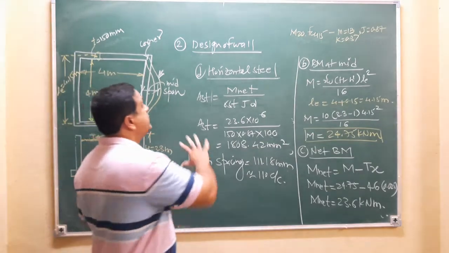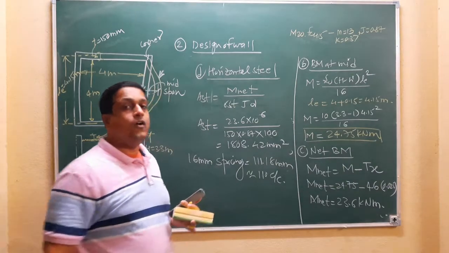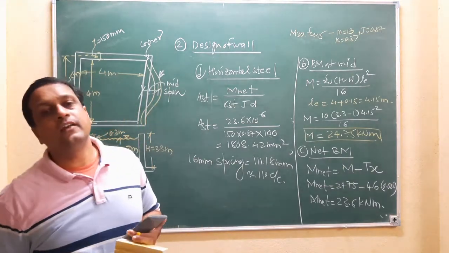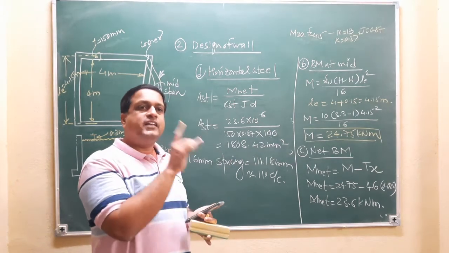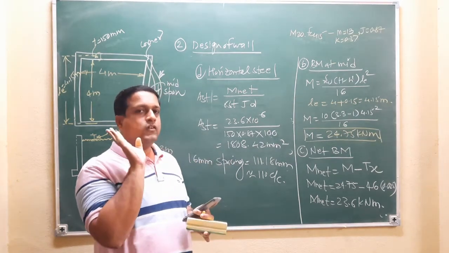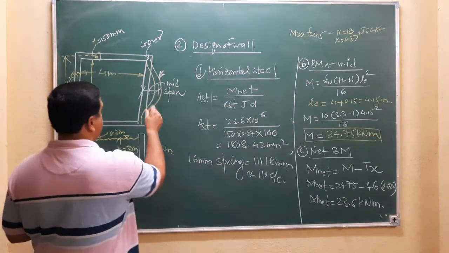So this is the design of a wall at midspan section. Same steps you have to follow and design the wall at corner. So what is the summary of this midspan section?